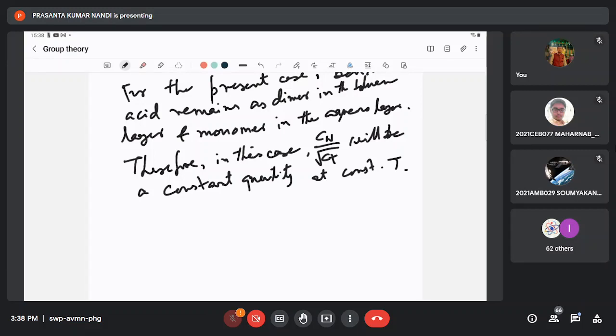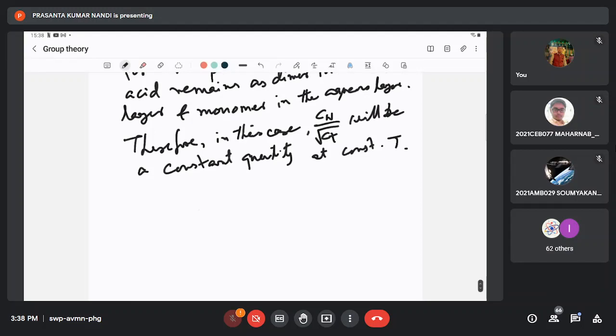So water and toluene are immiscible because, as you are right, the dielectric constant of water is about 80 and that of toluene or benzene is very small, around 2.0. Actually what happens, suppose two ions are there, say M plus and A minus.